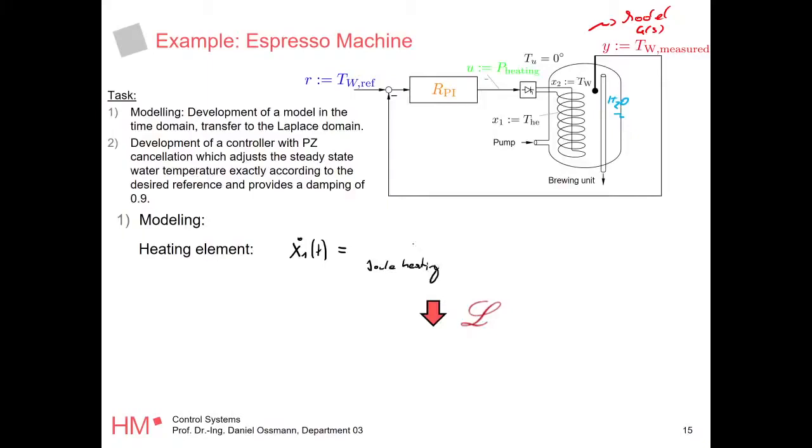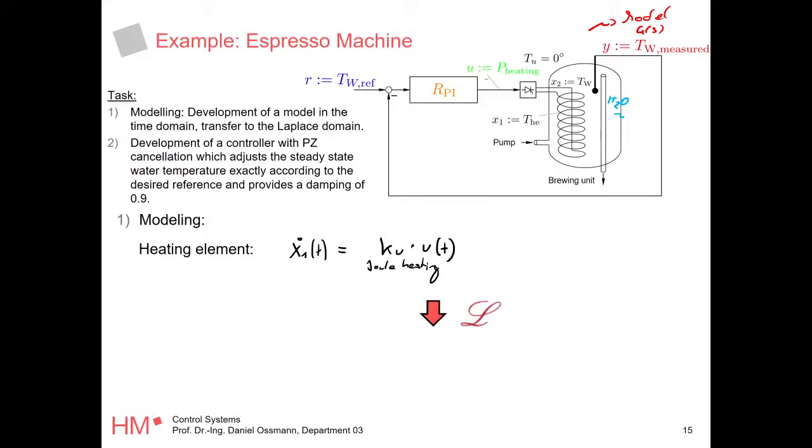This physical thermodynamic law, it's actually a little bit also from electrical engineering, describes how an input power is transformed to temperature. You can actually Google that and find some interesting stuff about it.